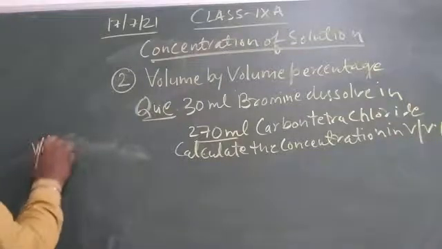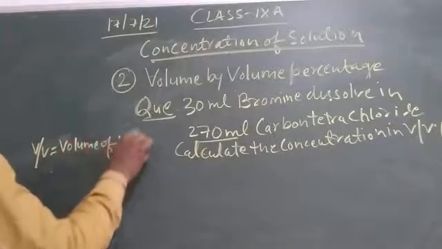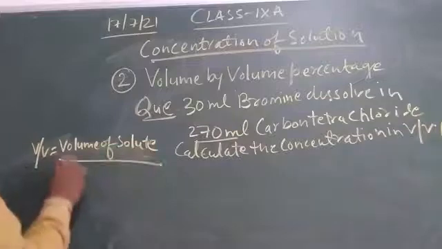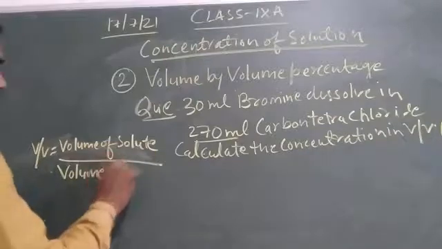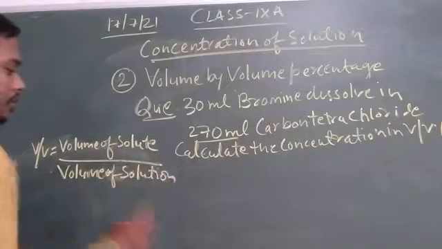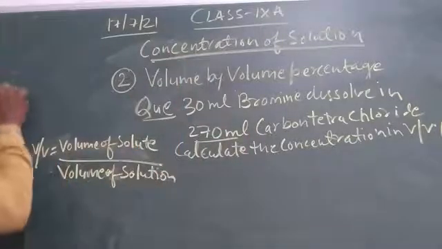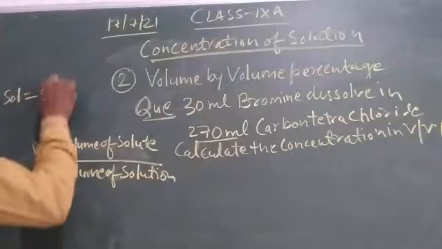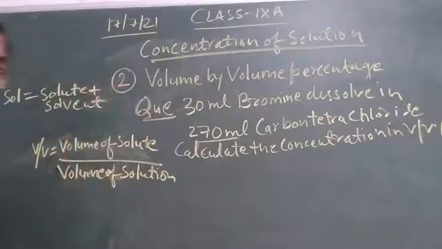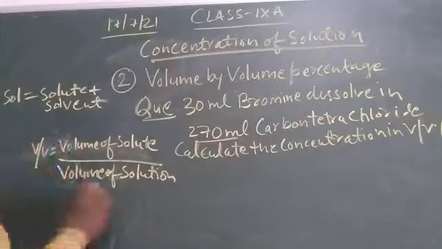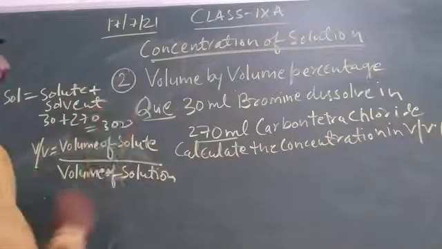Volume by volume percentage is equal to volume of solute divided by volume of solution. But 270 ml is not the volume of solution, it is only solvent. So solution is equal to solute plus solvent. 30 plus 270 is equal to 300.